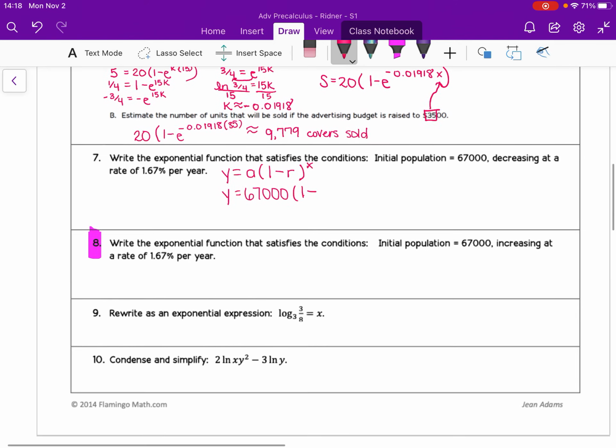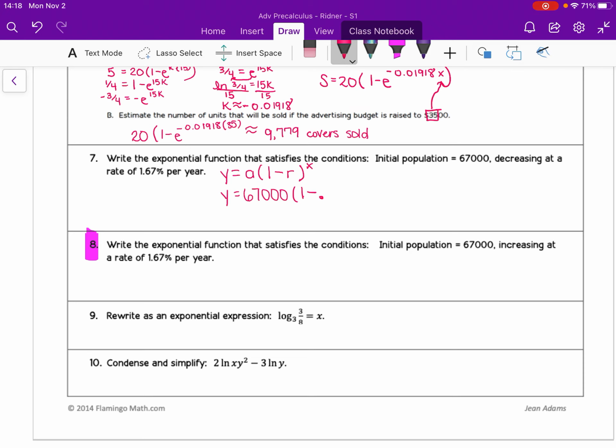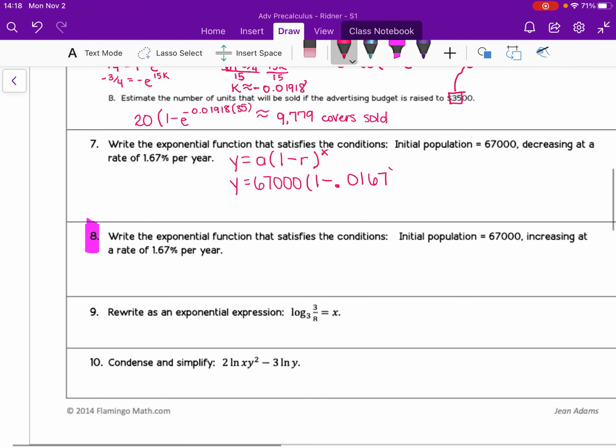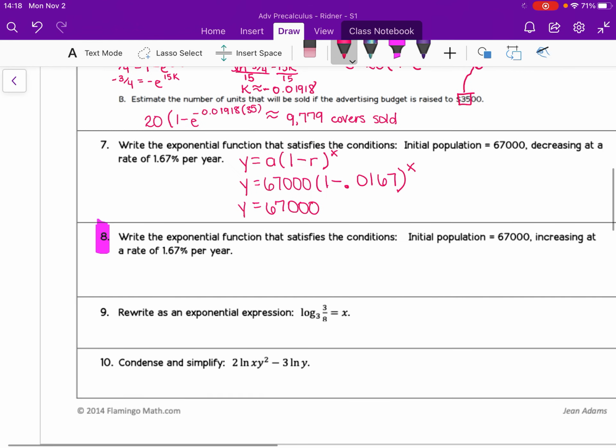Remember rate as it's in percent, but I always want to put it as a decimal. And then raised to the x power. So simplify what's in parentheses for your function. All right.